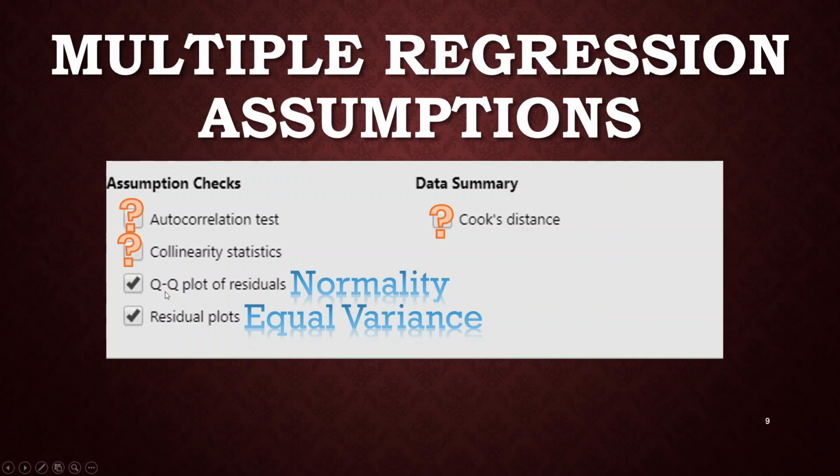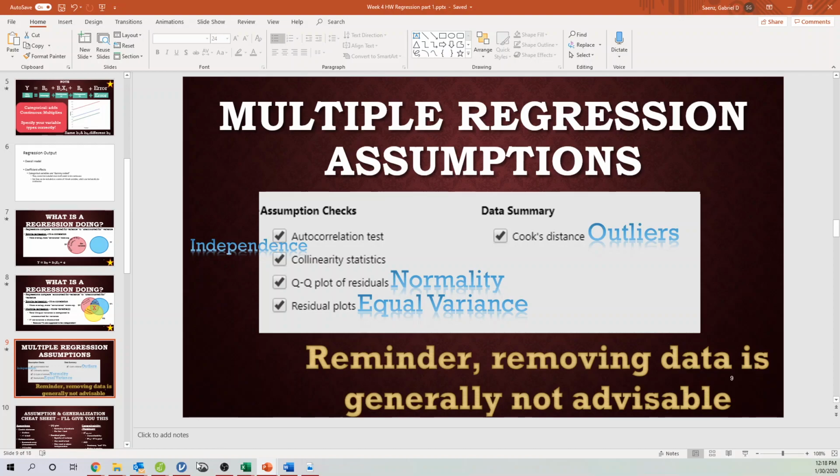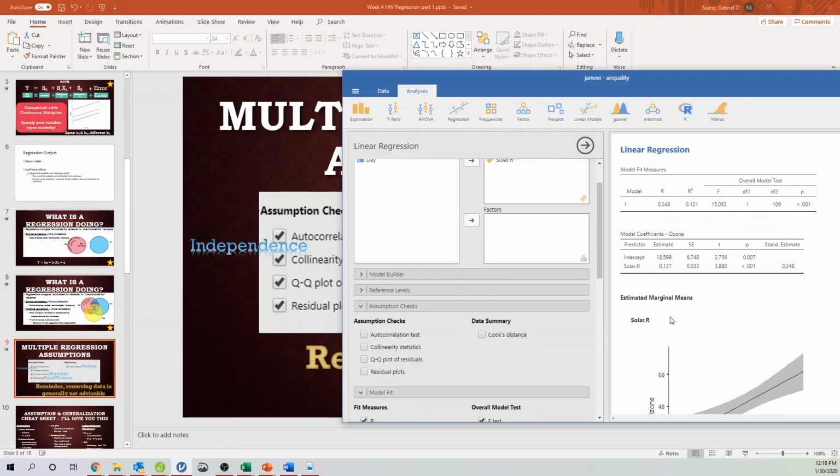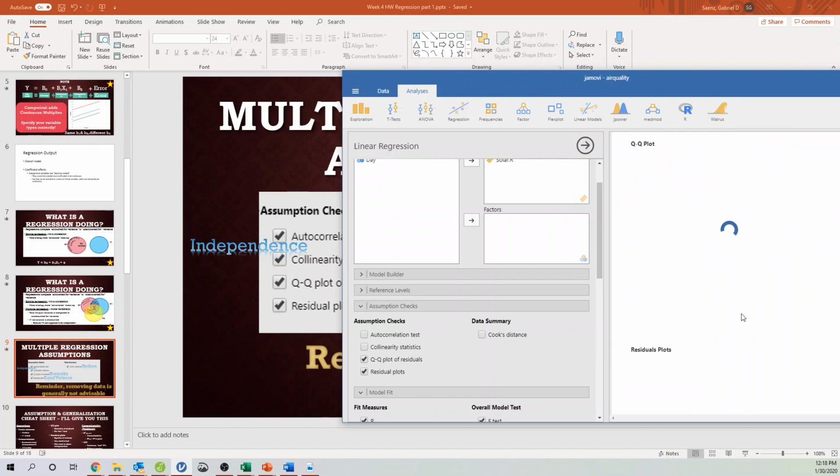That's why we have a QQ plot, not of the data to a normal distribution, but of the residuals to a normal distribution. Residuals are the distance between an actual data point and the estimated data point from your model. We also have residual plots, which pretty much do the same thing. They try and show you how close or far away your data are from your regression line.